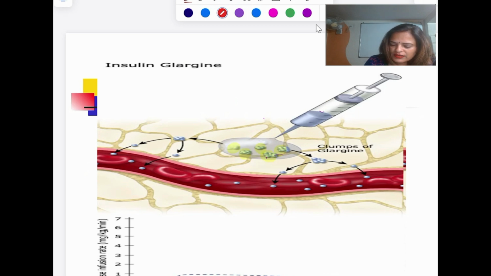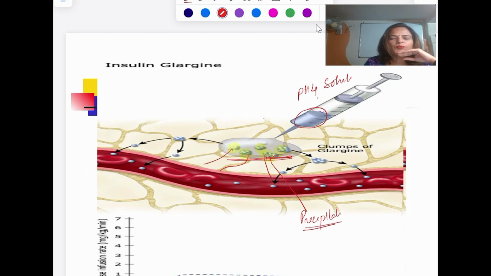You can see the insulin at pH 4, or acidic pH, is present in a solution form. But as soon as you inject it, what happens? You can see clumps, or precipitation of the insulin, small crumbs, and from here the insulin is released slowly. This is going to make it a long acting insulin.